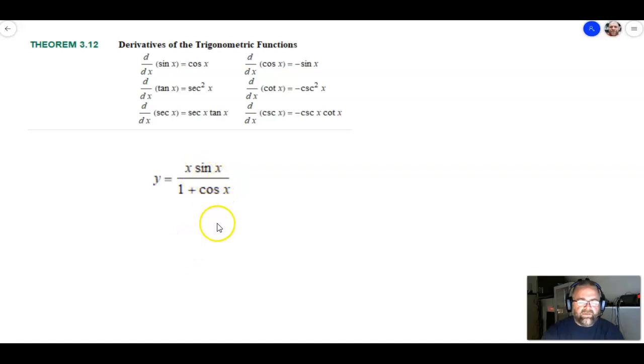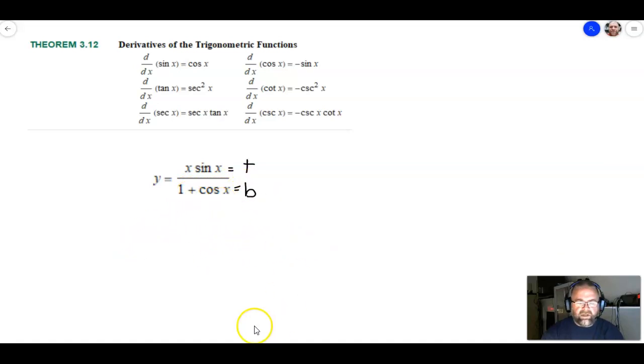Alright, so the first thing I can do is set this up as a quotient with a function over a function. I'm going to call this whole function here the top, and this whole function here the bottom.